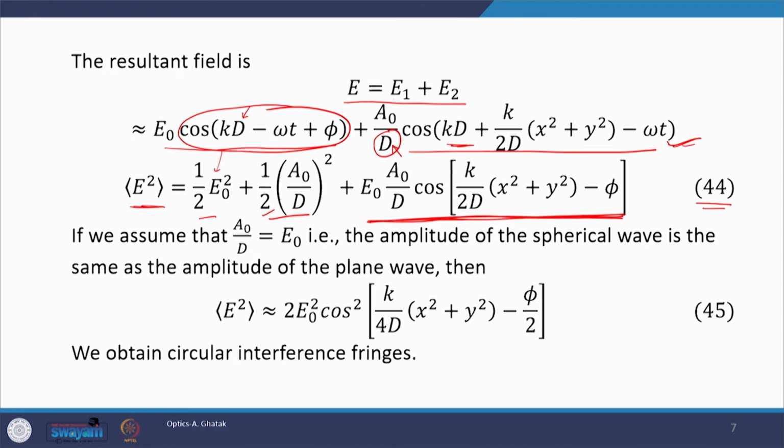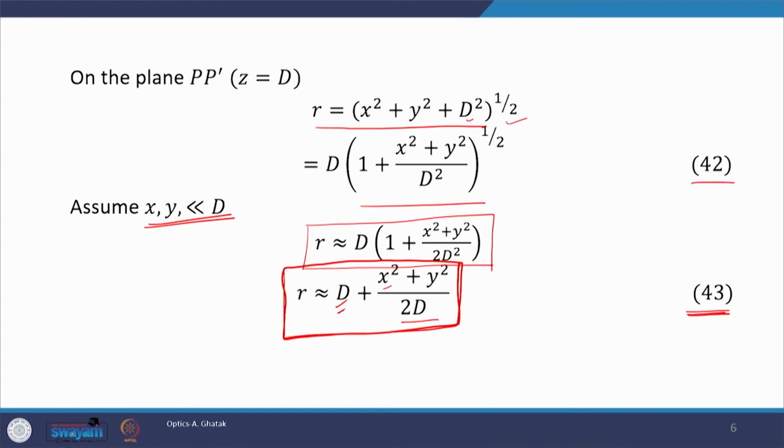Now, let us further simplify equation number 44 by assuming that A naught by d, which is nothing but the magnitude of the spherical wave at the screen, is equal to E naught. We are assuming that the magnitude of the electric field of the spherical wave and the magnitude of the electric field of the plane wave are the same at the observation screen, which is P P prime in our case, shown here in this figure.